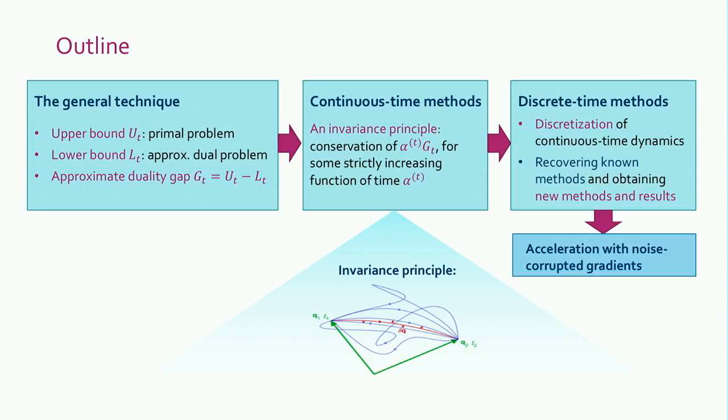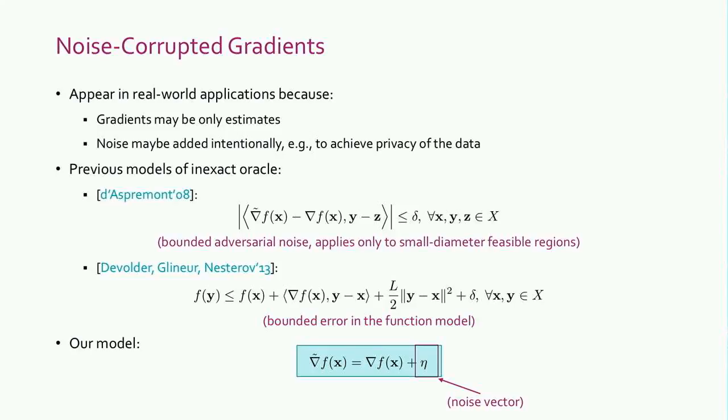Okay, so let's see now where these different discrete time methods are really, really useful. And where they're really, really useful is once we don't have exact gradients anymore. So these noise-corrupted gradients, you can actually see them in practice for various reasons.